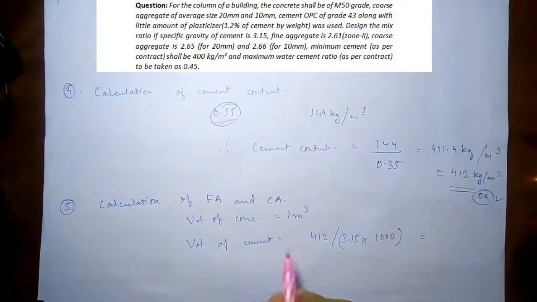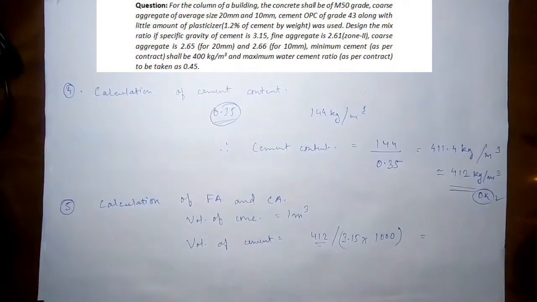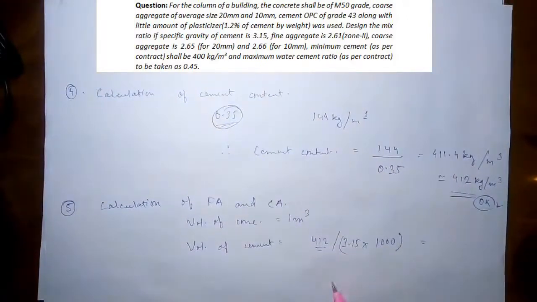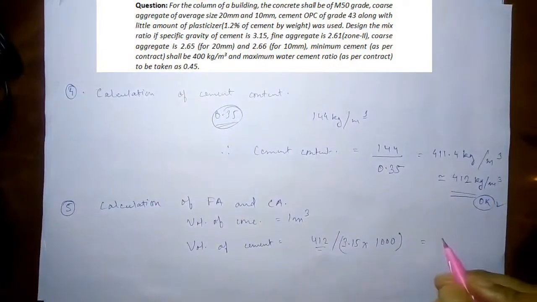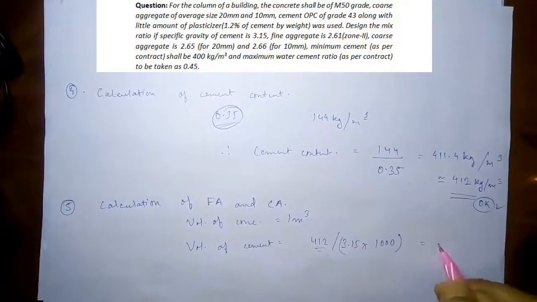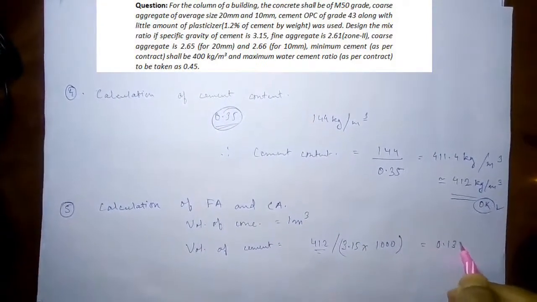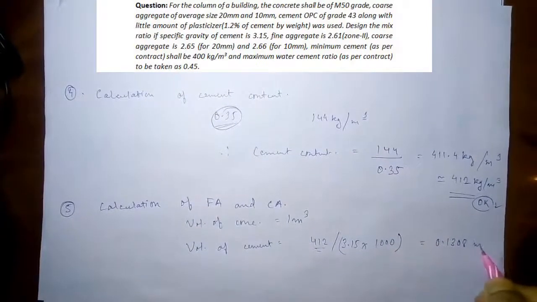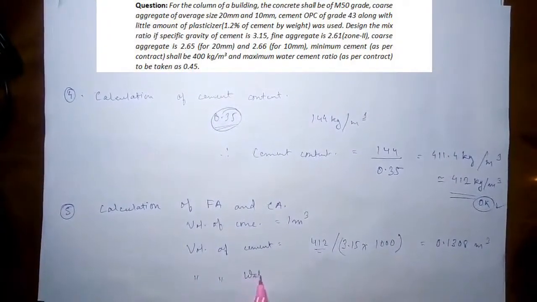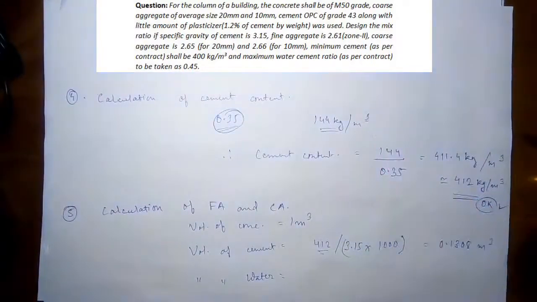So this is the mass of the cement we have, 412 in that 1 meter cube of concrete, and dividing that by the density, that is 3.15 times 1000, will give us the volume of the cement, which is 0.1308 meter cube. This is our volume of cement. Similarly, the volume of water will be equal to, as you know, it's 144 kg per meter cube.